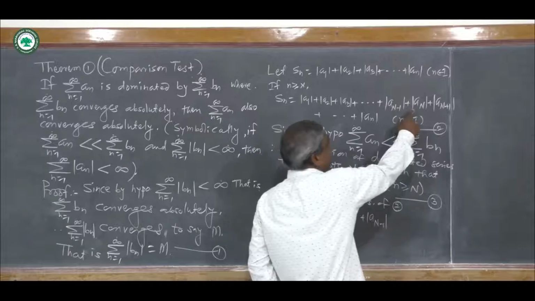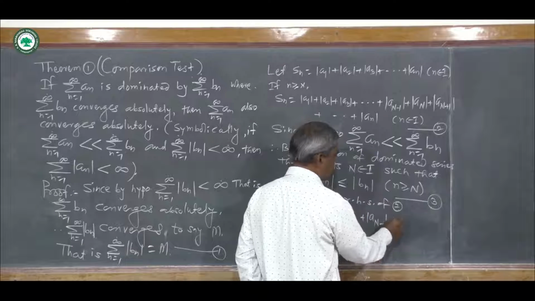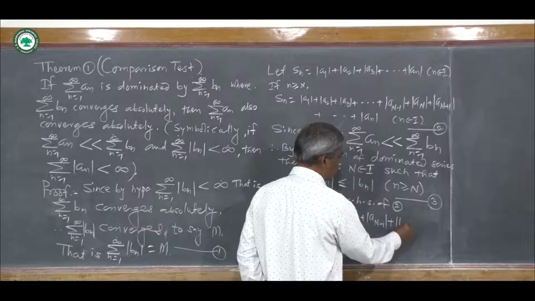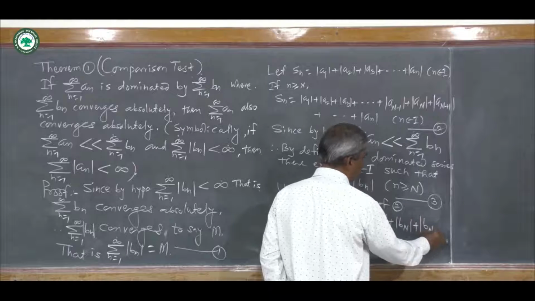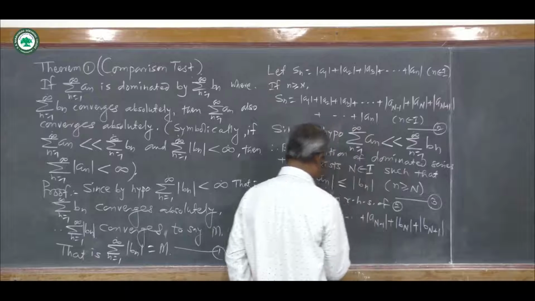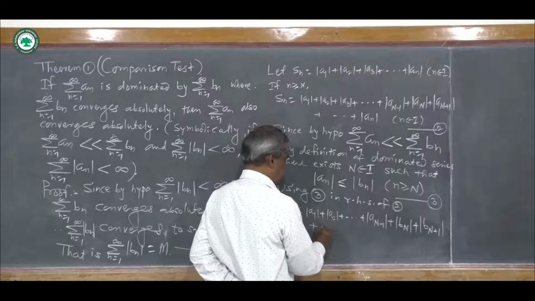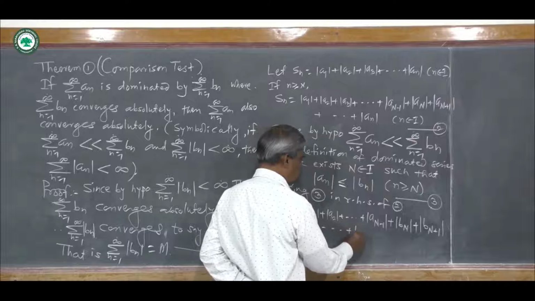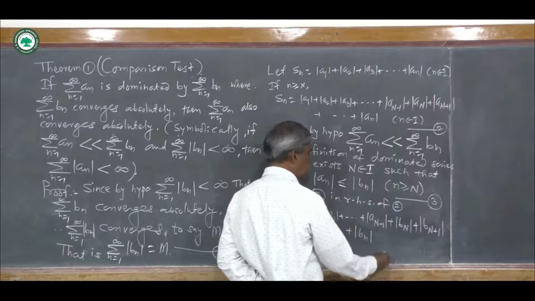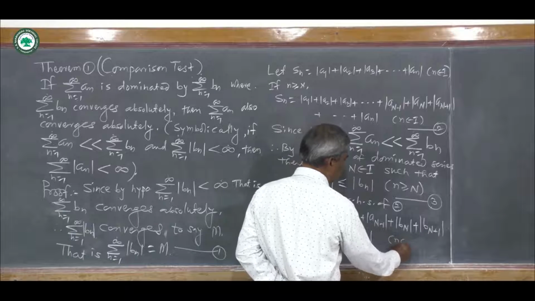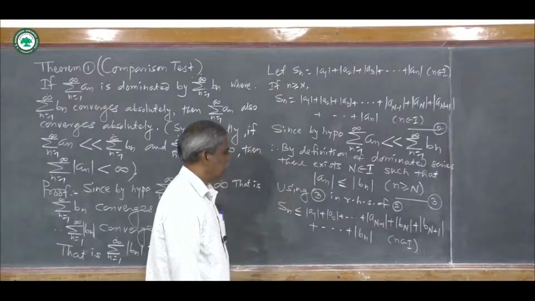Mod A suffix capital N is replaced by mod of B suffix capital N, mod of B suffix capital N plus 1, plus and so on plus mod of B suffix small n, for every positive integer n belongs to I.